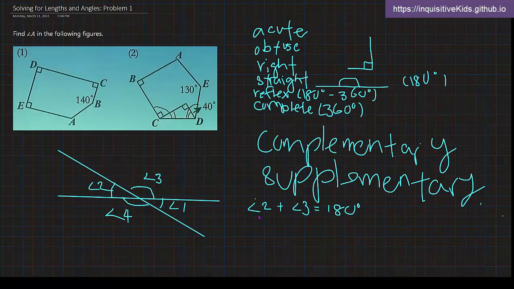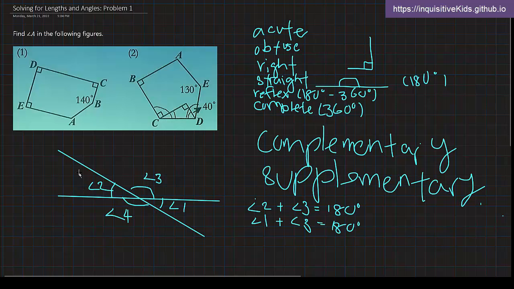And I also know angle 1 plus angle 3 equals 180 degrees because of this straight line here. And since angle 3 and angle 3 are the same thing and they have the same sum, that means that angle 2 and angle 1 are the same. And you would prove the same way with angle 3 and 4 as well. So those are opposite angles.